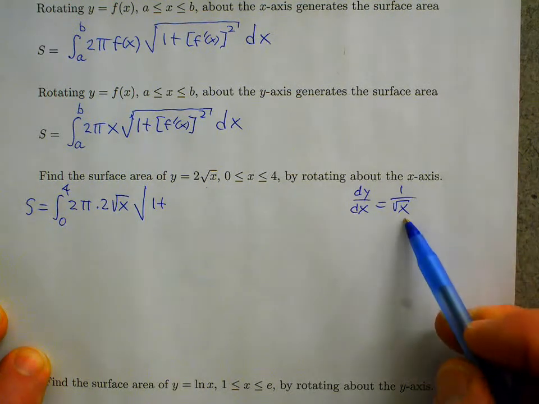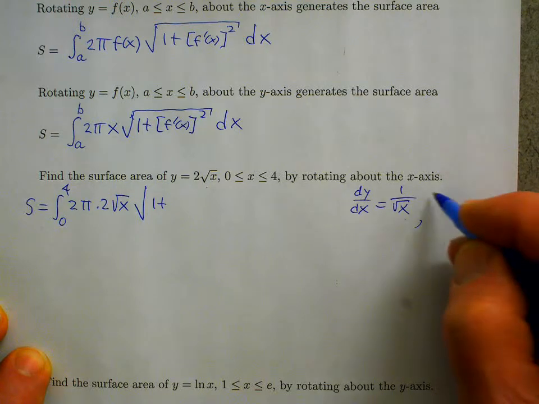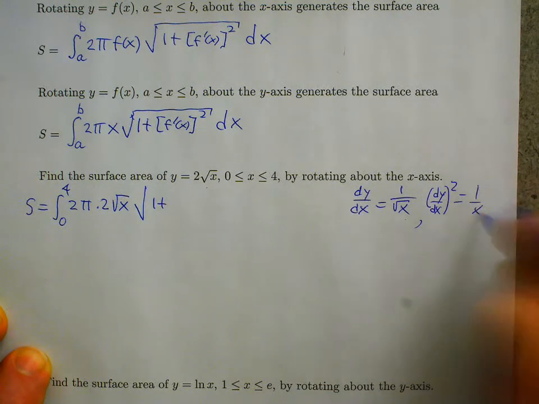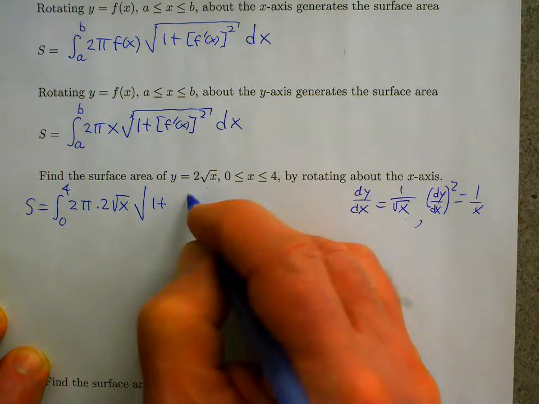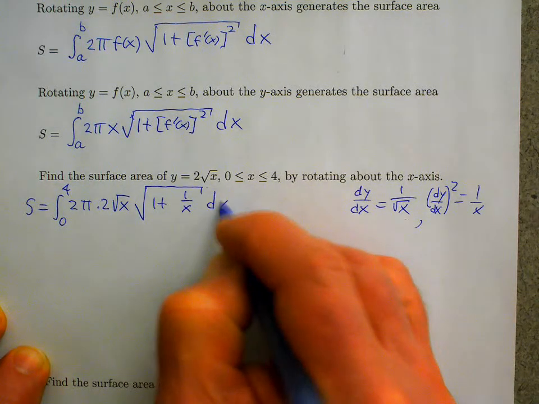So when we square the derivative, we're just going to get 1 over x. I'll go ahead and write it though. dy dx squared is 1 over x. So this is the square root of 1 plus 1 over x dx.